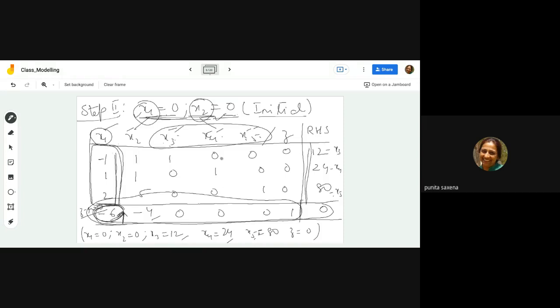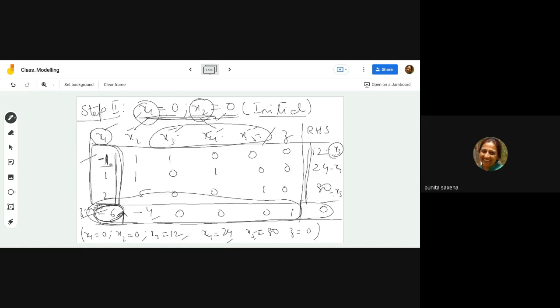Understand this properly. The ratios have to be computed only for those values which are positive here. Even if it's 0, it is not to be considered. If it is -1, we will not consider the ratio. So x3 will never become 0, because the corresponding term here is negative. If I choose x3 as the entering variable, it will end up with an infeasible solution. Non-negativity restrictions would be violated. So we will not consider this.